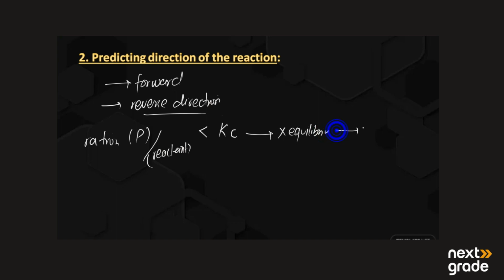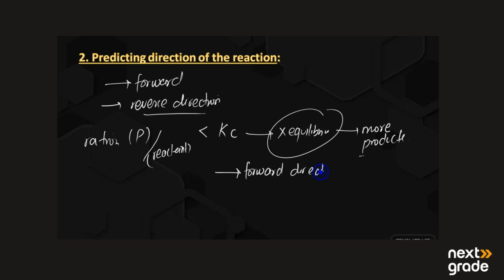Rather, more products are required to gain equilibrium. Therefore, the reaction will move in the forward direction, if the ratio of products to reactants is less than Kc.